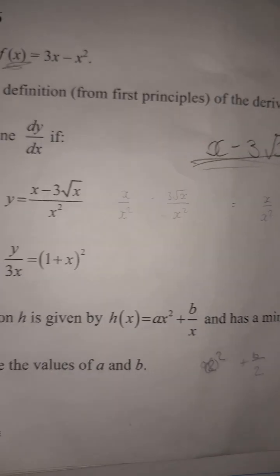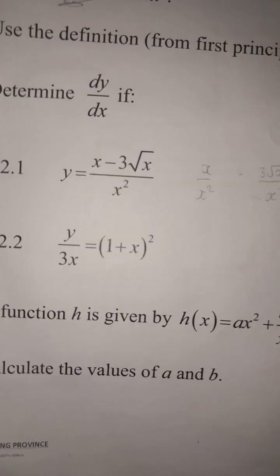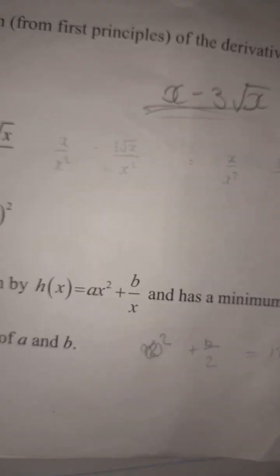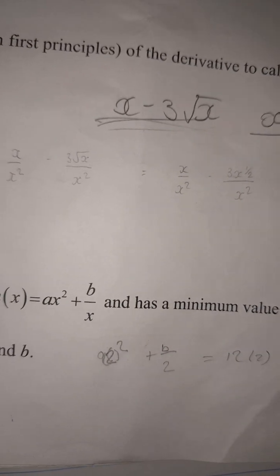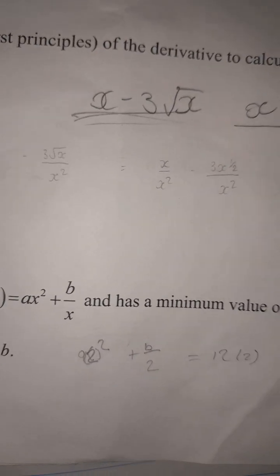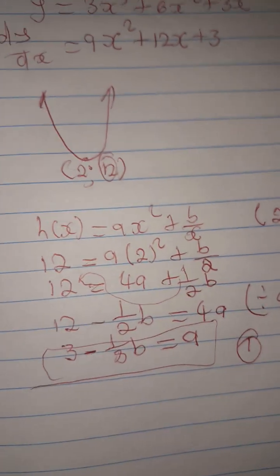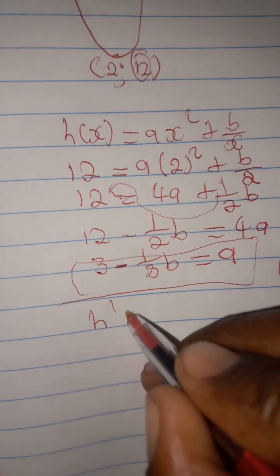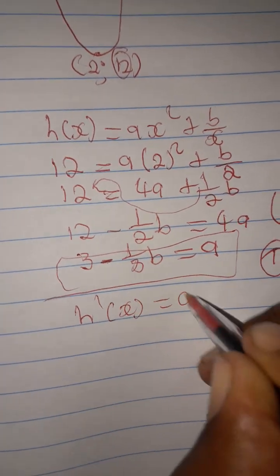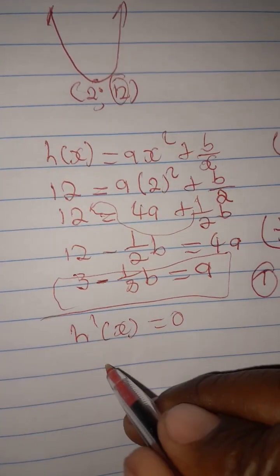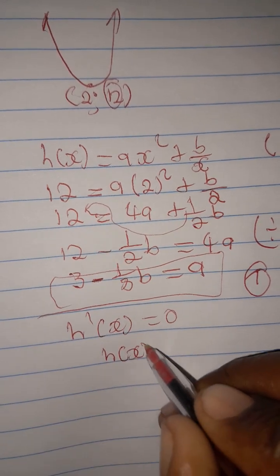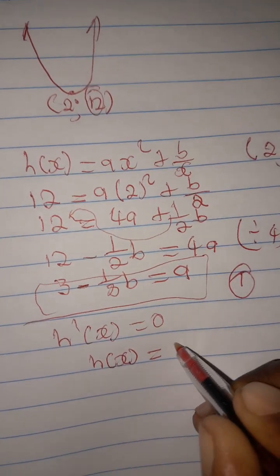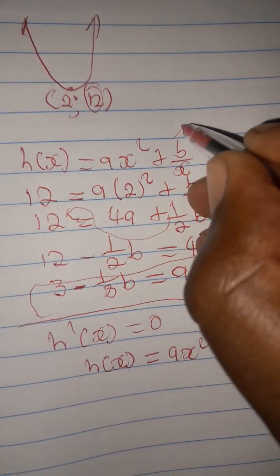To work out the second equation, remember they said the function is given by h of x, which is equals to ax squared, has a minimum value. So since it has a minimum value, that's the first derivative. This happens where h prime of x is equal to 0. So what are we going to do? Let's fix this first so that we can derive. So we have ax squared, but the problem is this.